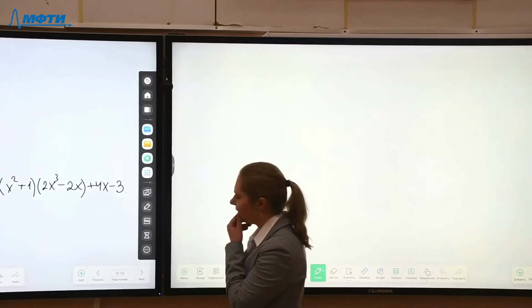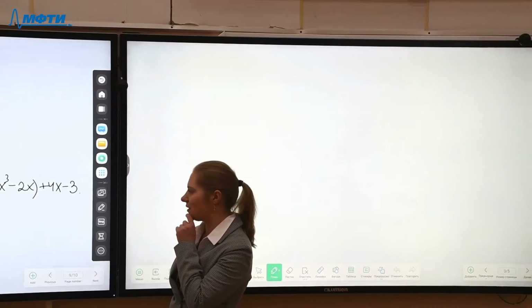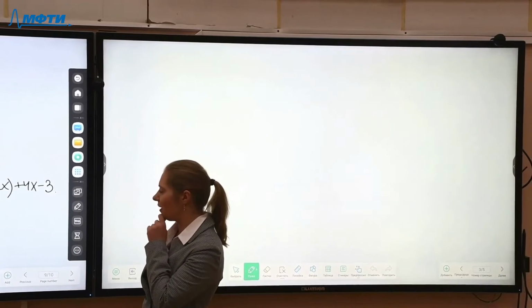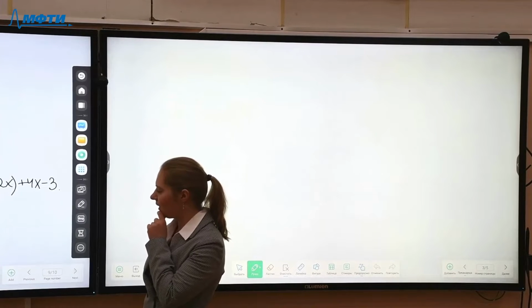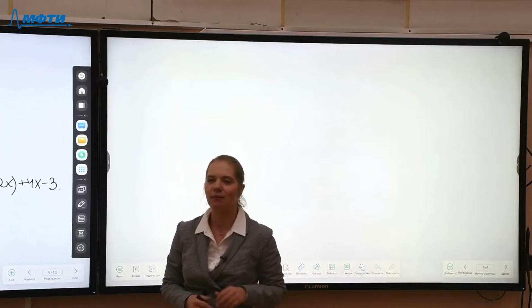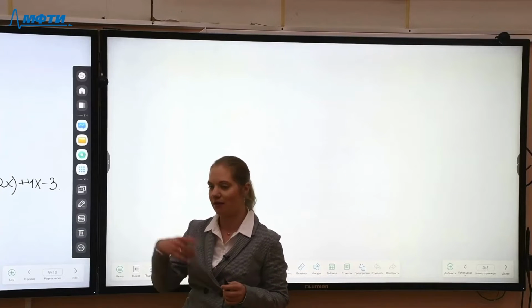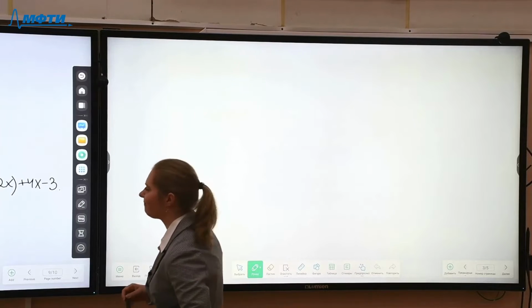And there is a theorem. It is called the Bezout Theorem, or sometimes it is called the remainder theorem. It helps us to find a remainder when we divide by the polynomial x minus alpha.